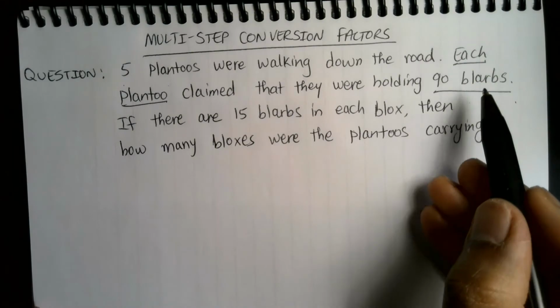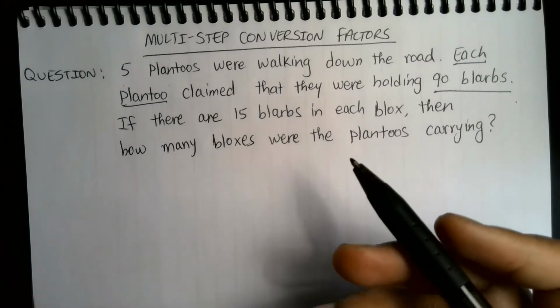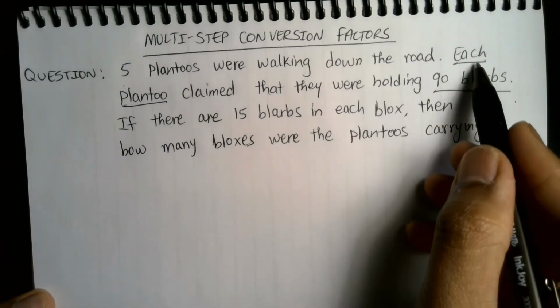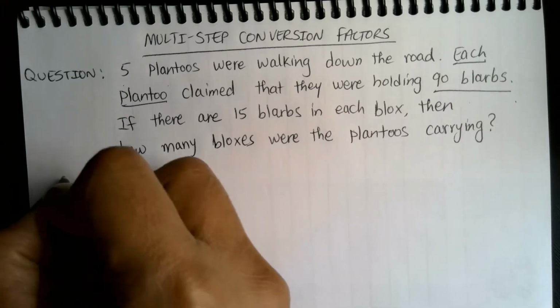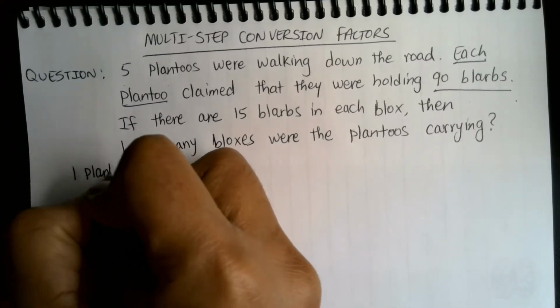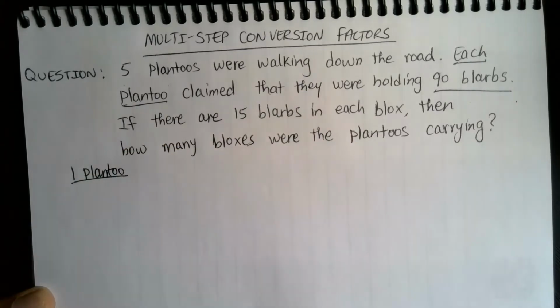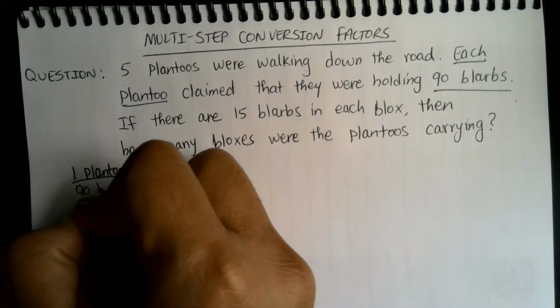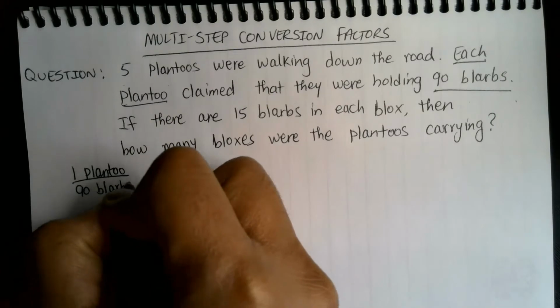When you solve this problem, you're not going to write this down. You don't need to write this down, but just to show you what that conversion factor is, I'm going to write it down for you. Each Plantu, meaning for every one Plantu, there are 90 blarbs. So you can interpret it two ways.